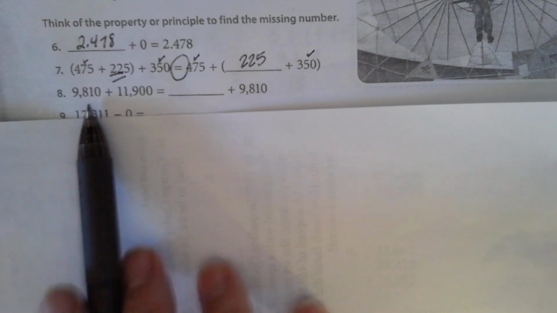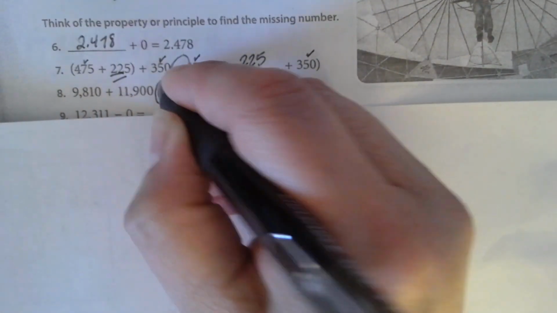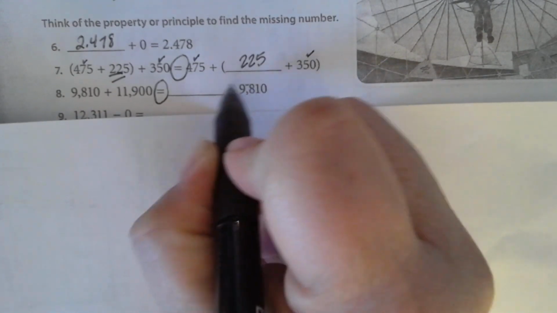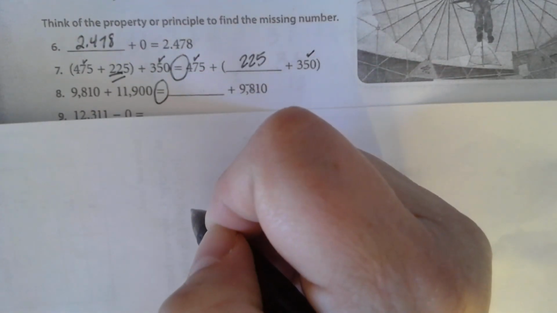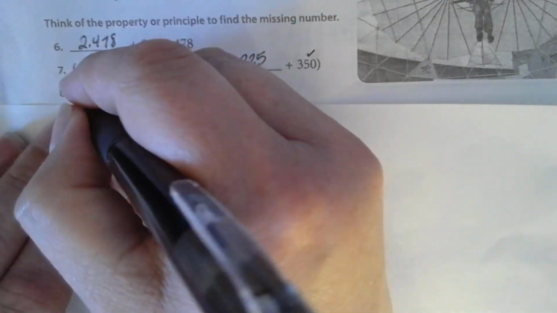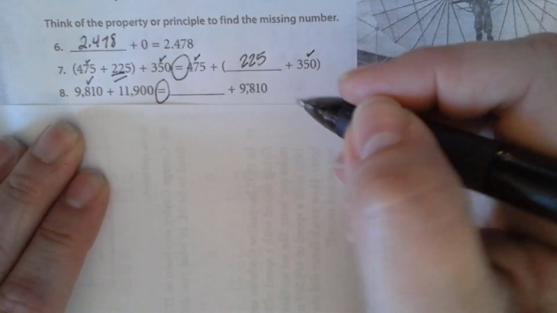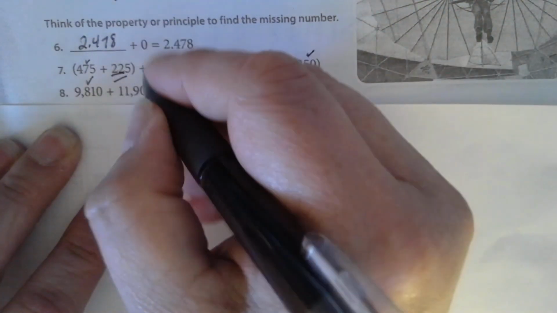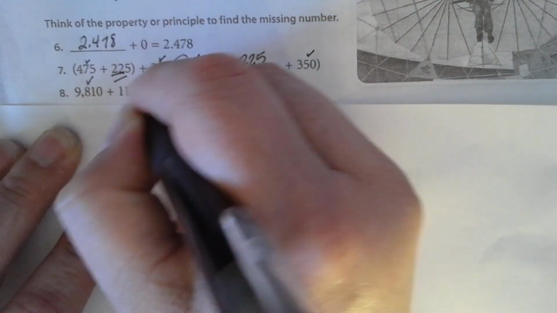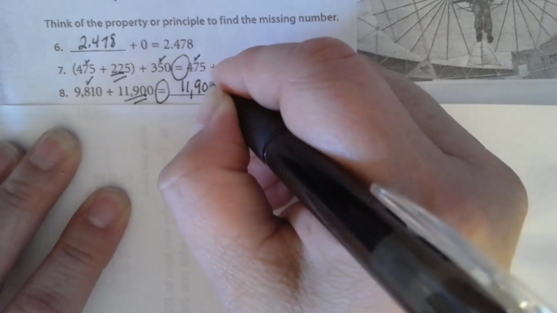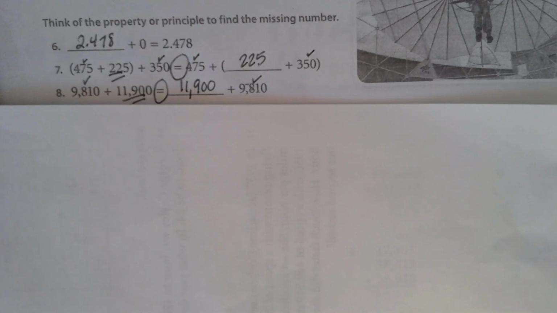Again, over here, here's my equal sign. So whatever these add up to, this number and this number have to add up to. So these are the simple ones. So this is 9,810 on the left, 9,810 on the right, 11,900 on the left, and I'll be adding 11,900 on the right. So now are they balanced?